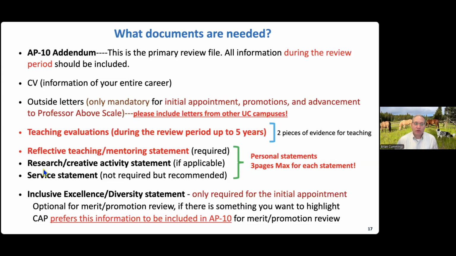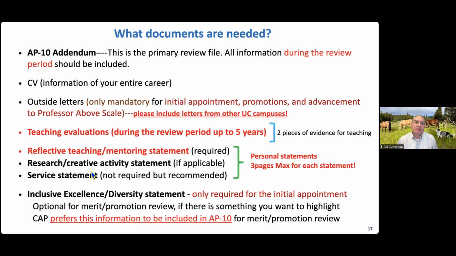Then you're also going to have a research and creative activity statement and a service statement. These can be 3 pages max for each statement. And if you are involved in inclusive excellence or diversity activities, CAP prefers that those activities are included as part of your research statement or as part of your service statement.